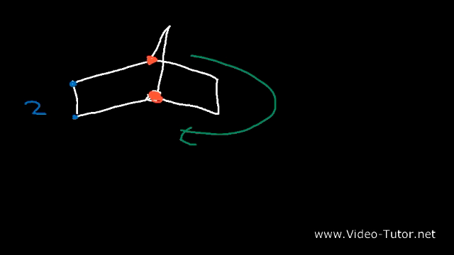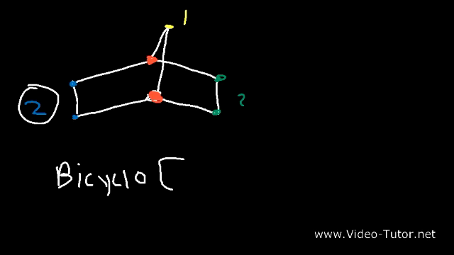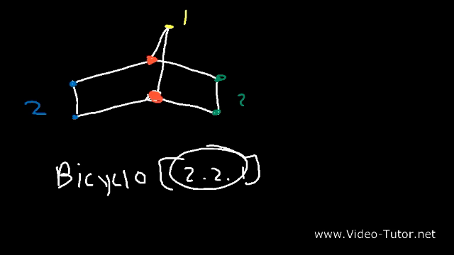On the right side, there's only 2 carbons here. And on top, between the 2 bridgehead carbons, there's only 1. So to name it, it's going to be called bicyclo in descending order 2, 2, 1. And then add the total number of carbons that we have, which is going to be the sum of these 3 numbers plus the 2 bridgehead carbons, which is 7. So bicyclo[2.2.1]heptane.